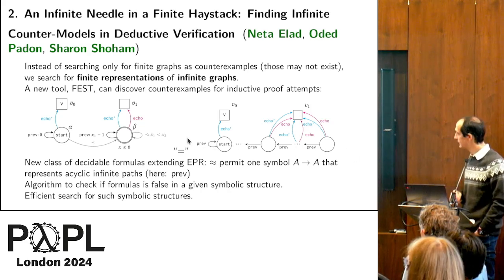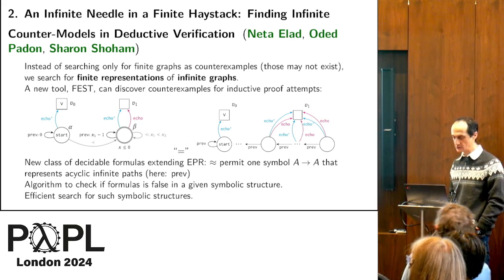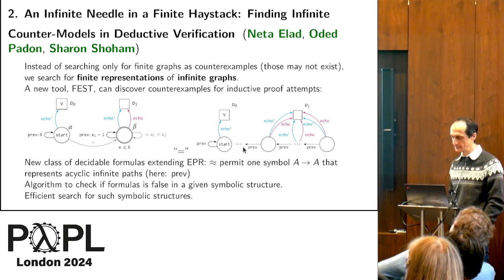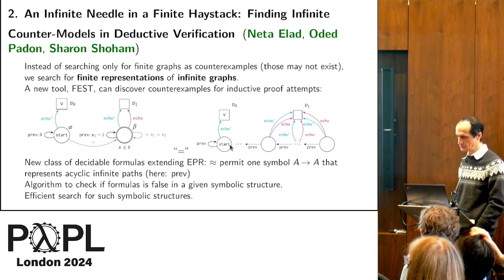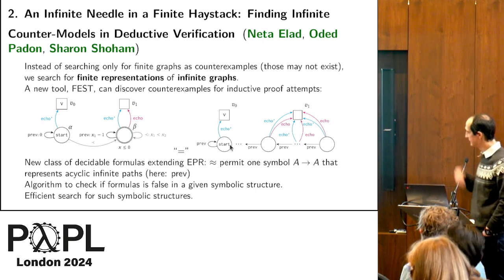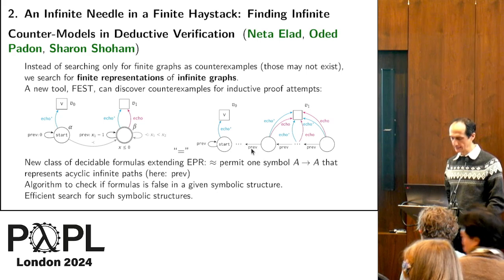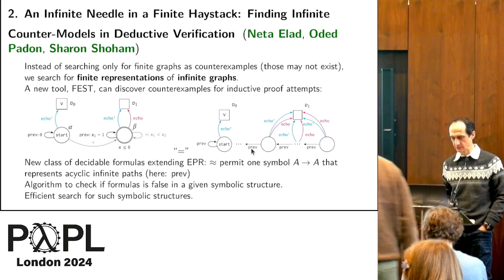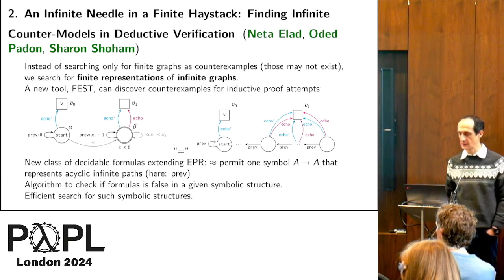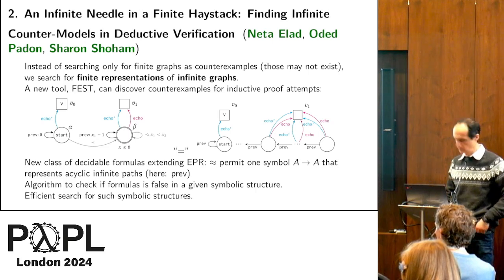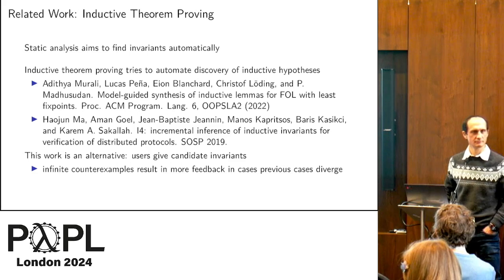So it's motivated by a distributed protocol, an abstraction of Paxos. And here what we allow is a certain relation that keeps repeating, in this case, a previous link. And this is related also to a class called effectively propositional logic of first-order logic, and this generalizes all these results.